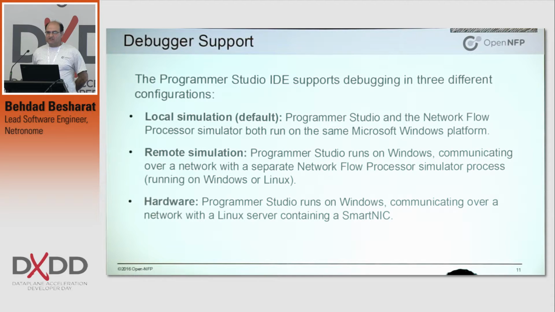Or you can access the simulator remotely: the simulator runs on Linux or Windows somewhere on the network, and you can remotely access it, stop it, debug it, and so on. Also, as you will see, for hardware debugging, Program Studio and the SDK run on the Windows platform, and the debug server or debug agents run on the Linux machine where the SmartNIC is installed on the server.